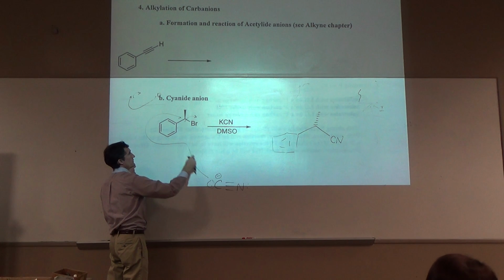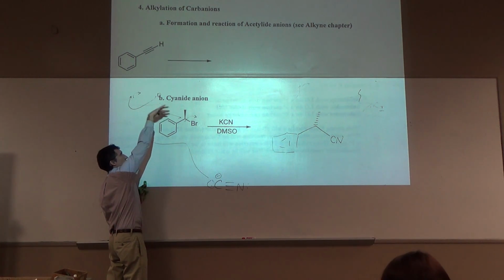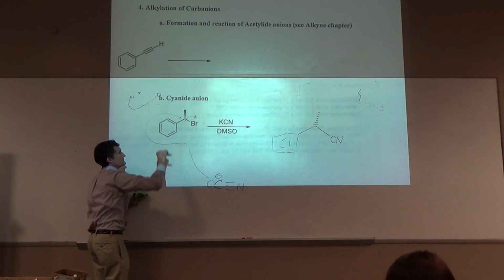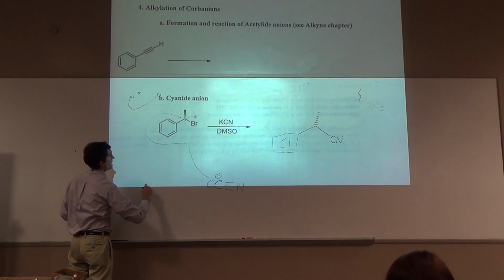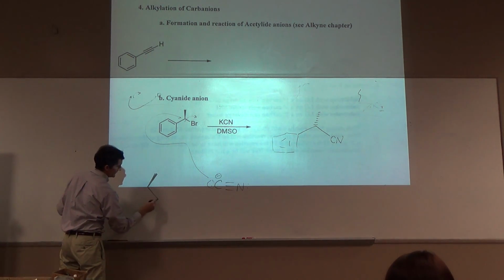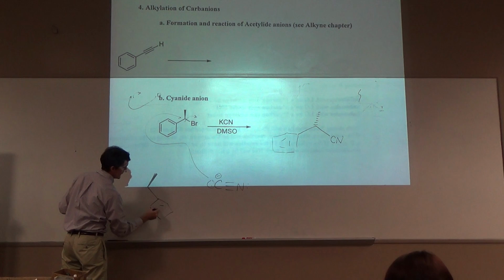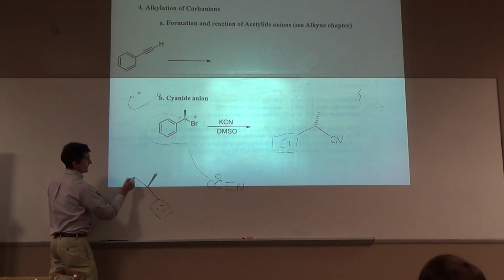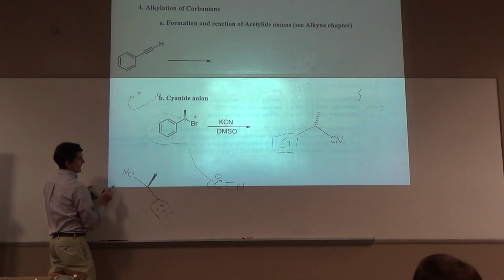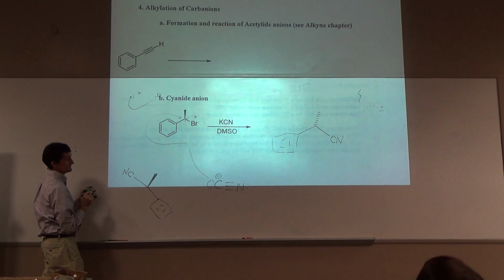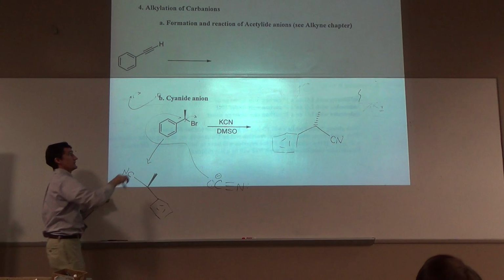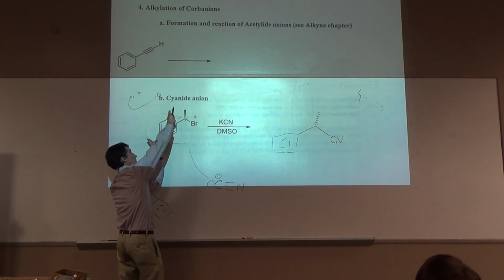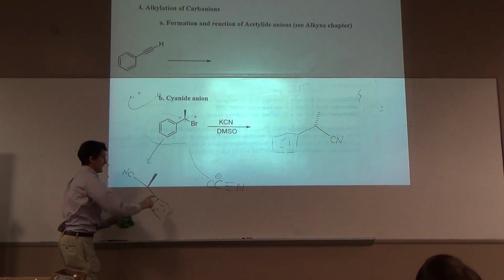How does the nucleophile come in? Comes in right behind it, 180 degrees behind it. So I could draw this like that, this like this, and have the CN here. CN comes in over here. It pushes these groups that way. Here's your product.